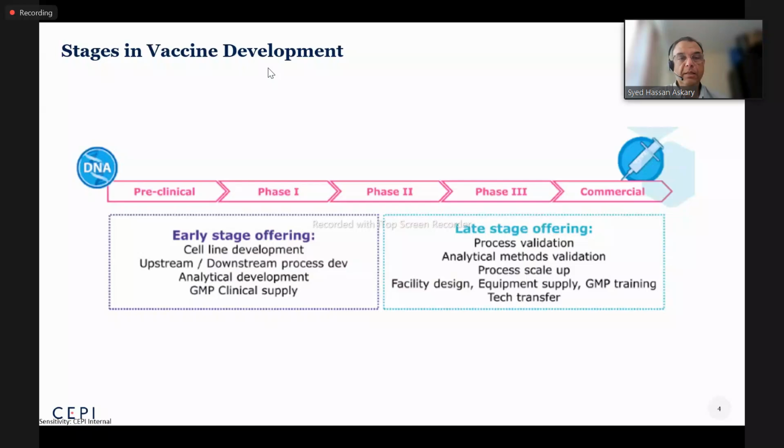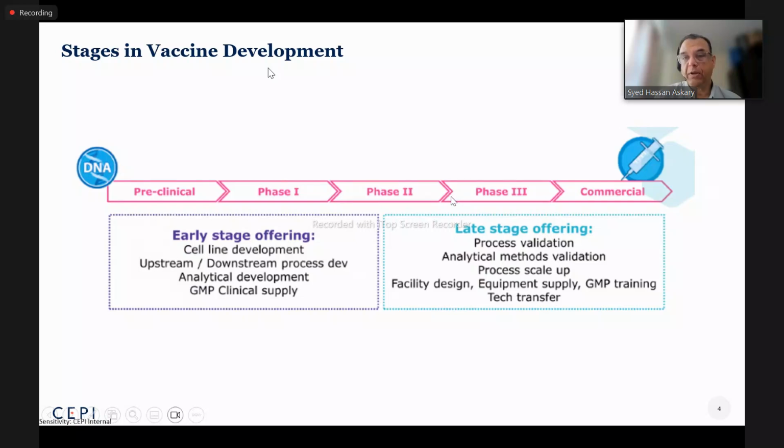And so that's the early stage offering, and then during the late stage, we had some discussion on what is required in process validation analytics. So let's start with early stage. You need to demonstrate cell line development, upstream, downstream process development, analytical development, and good manufacturing process, GMP compliance for clinical to start the clinical trials.